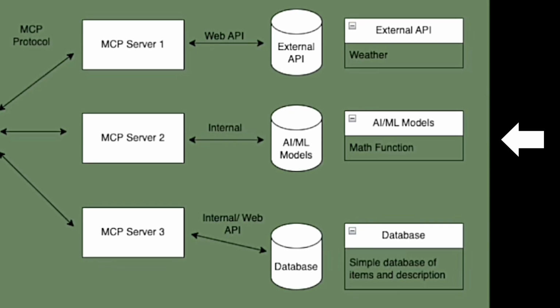For server number 2, instead of going with sophisticated AI or machine learning models, I'm just going to use simple math functions, for example, multiplications, divisions, or additions. Again, the AI or machine learning models are not the focus of this exercise. We are more focused on the MCP architecture.